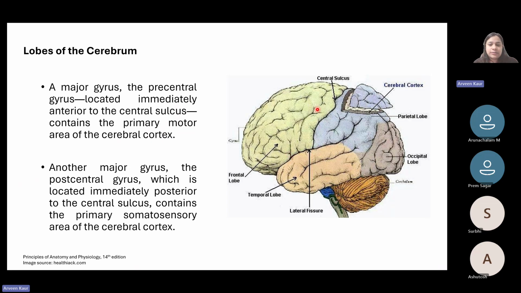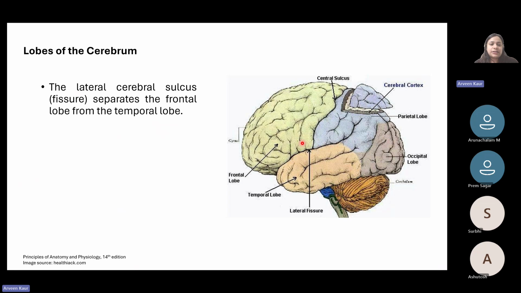So in the frontal lobe is the primary motor cortex, this strip. Another major gyrus, the postcentral gyrus, located immediately posterior to the central sulcus, contains the primary somatosensory area of the cerebral cortex. So this strip in the parietal lobe, next to the central sulcus, is the somatosensory cortex.